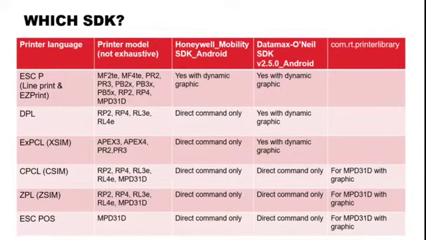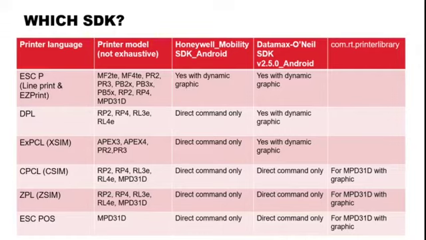There are a few SDKs that you can look at due to the fact that Honeywell acquired several printer companies over the past few years. By doing so, we also acquired a few of those languages. However, the most common printer language among these printers will be Escape P, which is ESC/P, and Easy Print commands. These are supported in most of the printers that we have today.